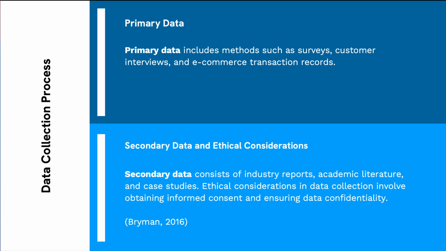The secondary data includes industry reports and academic literature, which involve more in-depth article research on the market and trends. Ethical considerations are taken into account by ensuring informed consent and data confidentiality.